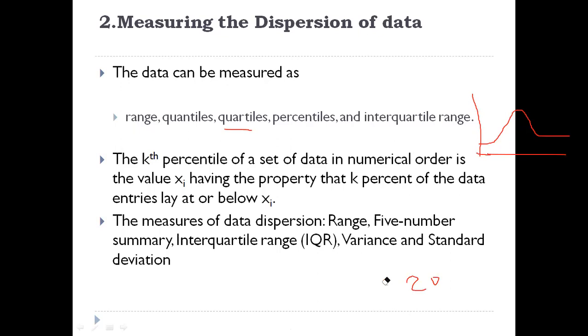How are you going to divide these 20 rupees into 4 pieces? Each one may get 5 rupees, isn't it? So the 4 equal parts of 20 are each 5 rupees. This is called a quartile. Quartile in the sense of 1/4 of the given data.